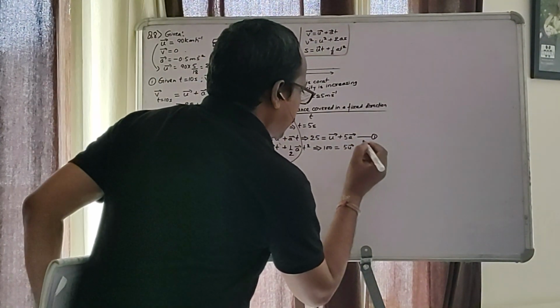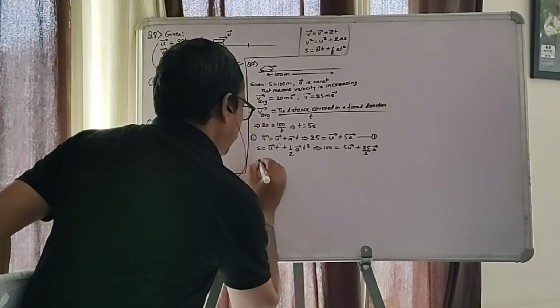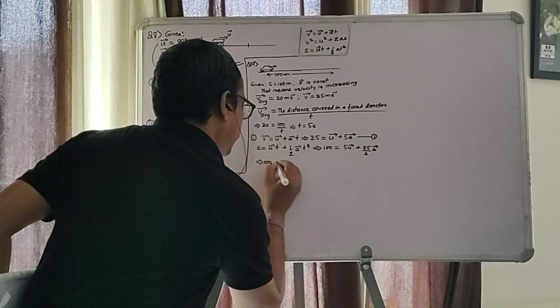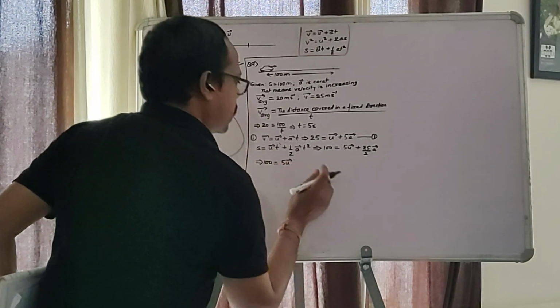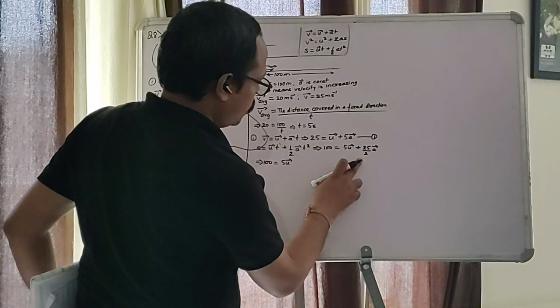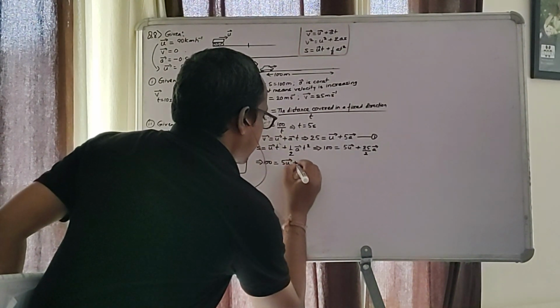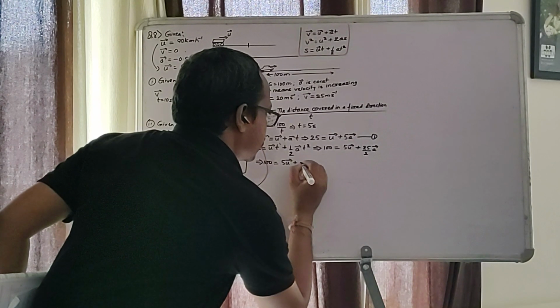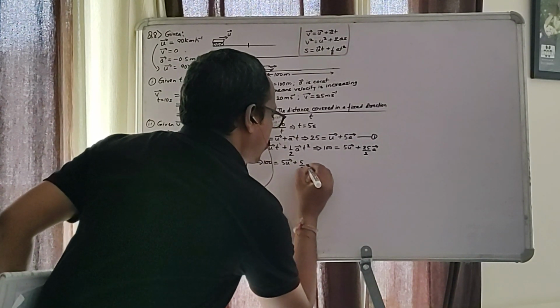So can we think in a little bit better way? Can we rewrite it as 100 equal to 5u plus 25a by 2. I can write 25a by 2 as 5 by 2 into 5a.